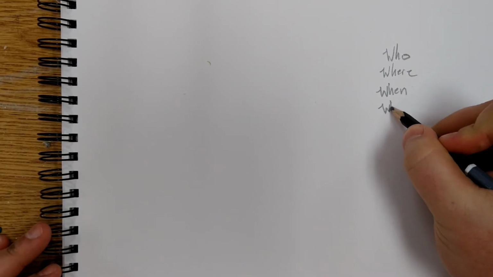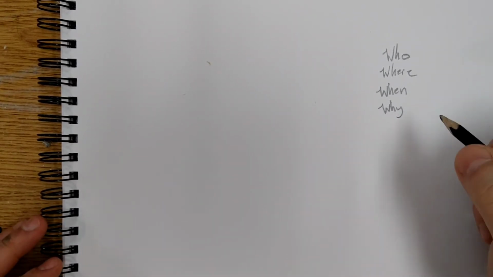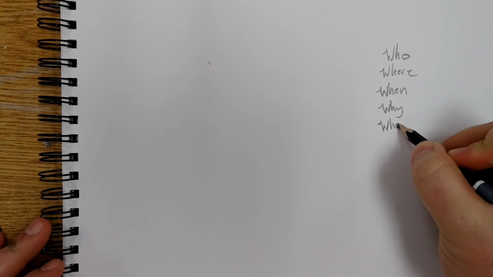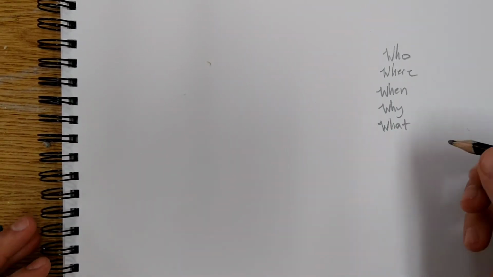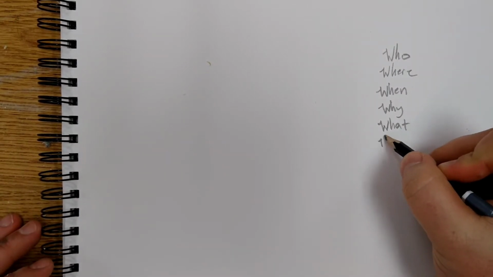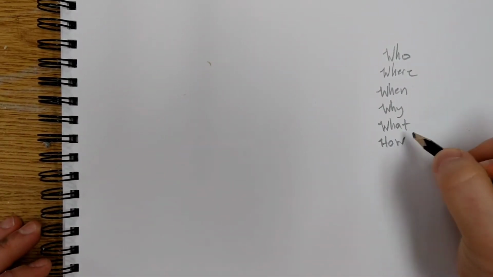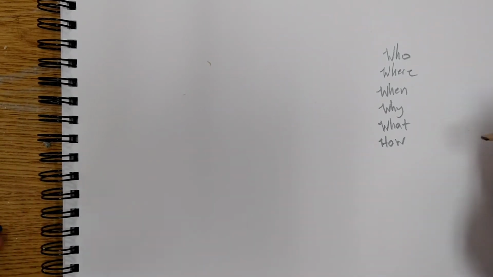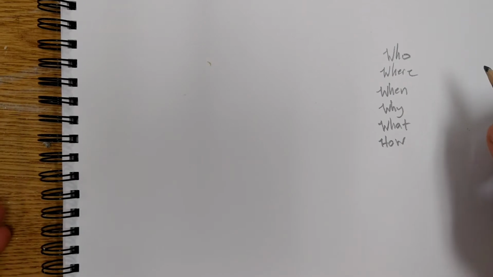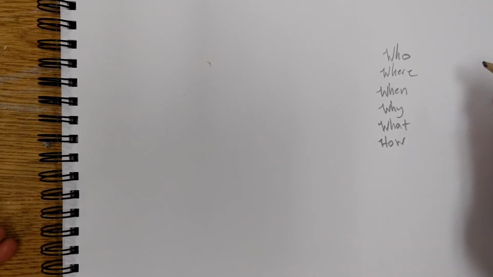Why is it happening? What is taking place? And how is this possible? So it's the who, what, when, where, why, and how. These types of questions are things that you need to answer before you start creating a piece.